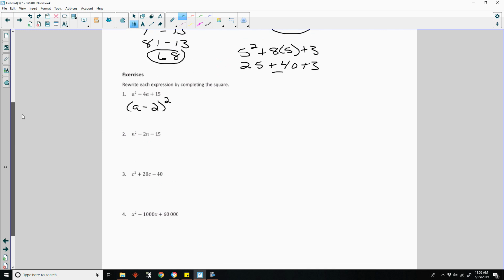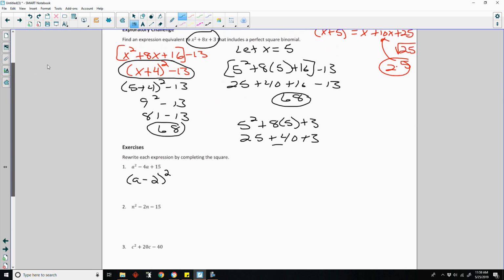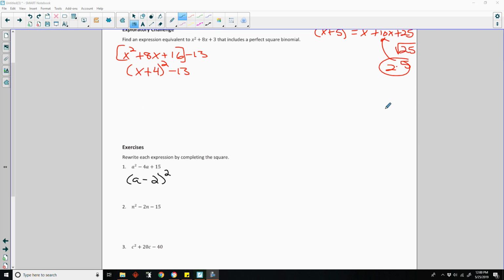Okay, so let me not go too far from this. And let me get some of this checking out of the way. Okay, so notice what we did here. All I did was take half of my middle term, but then I have to figure out what I need to add or subtract to get my last term. So half of the middle term is minus 2.